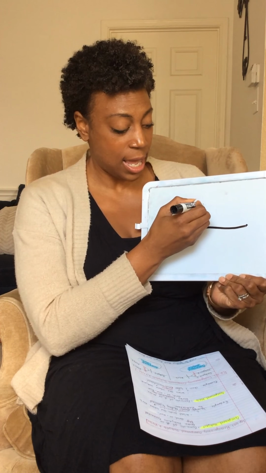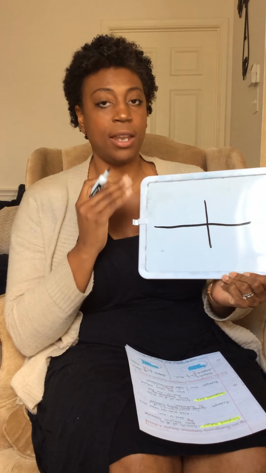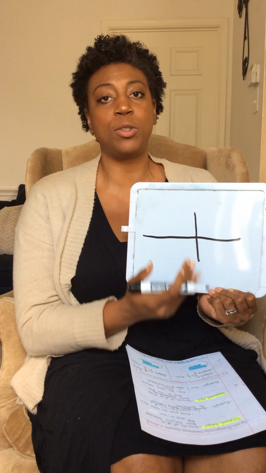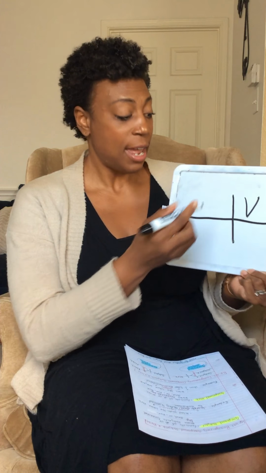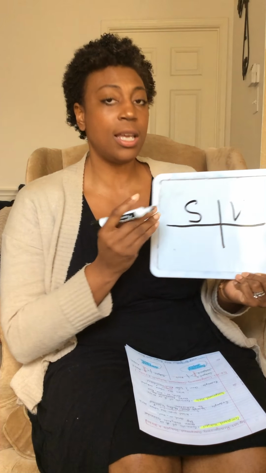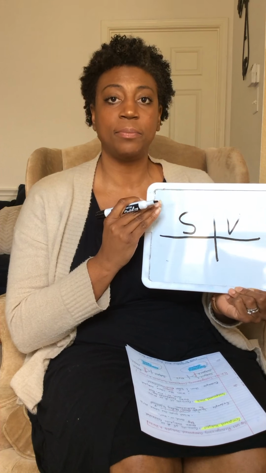So, as I discussed in class, the basic format for diagramming a subject and the verb is one line straight across, and then a second line that comes through the middle. Our verb is on the right-hand side, and our subject is going to be on the left-hand side.